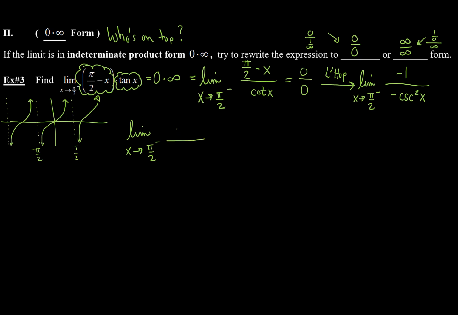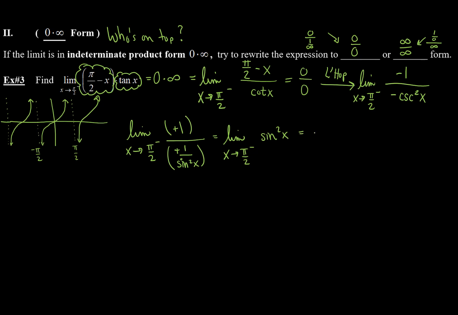When I am dividing by the negative cosecant squared, remember that that's the reciprocal of the sine squared. Then also, these negatives are going to cancel each other. So when I'm dividing by a fraction, I multiply by the reciprocal, and 1 divided by the reciprocal of the sine squared of x just is the sine squared of x.